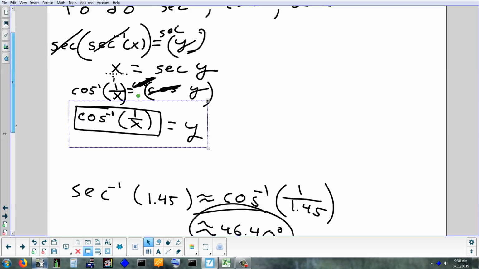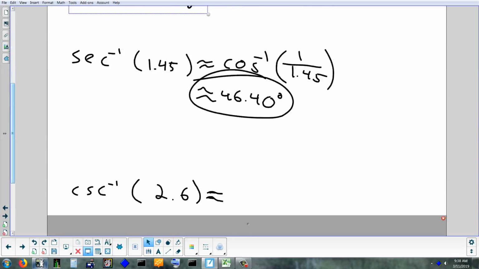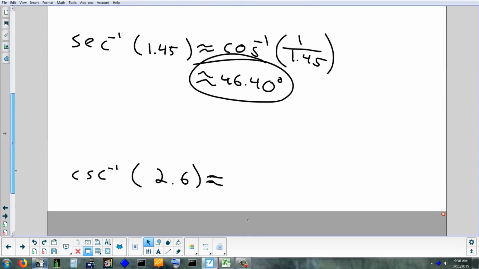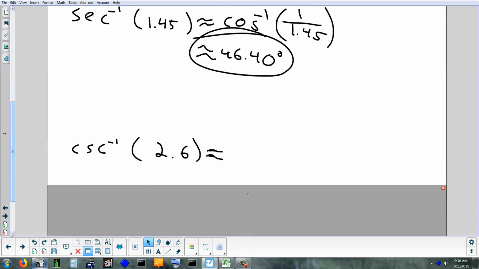Alright, so let's try this one. Inverse cosecant of 2.6. First thing you do, switch it. What trig function am I going to replace inverse cosecant with? Inverse sine, yes.